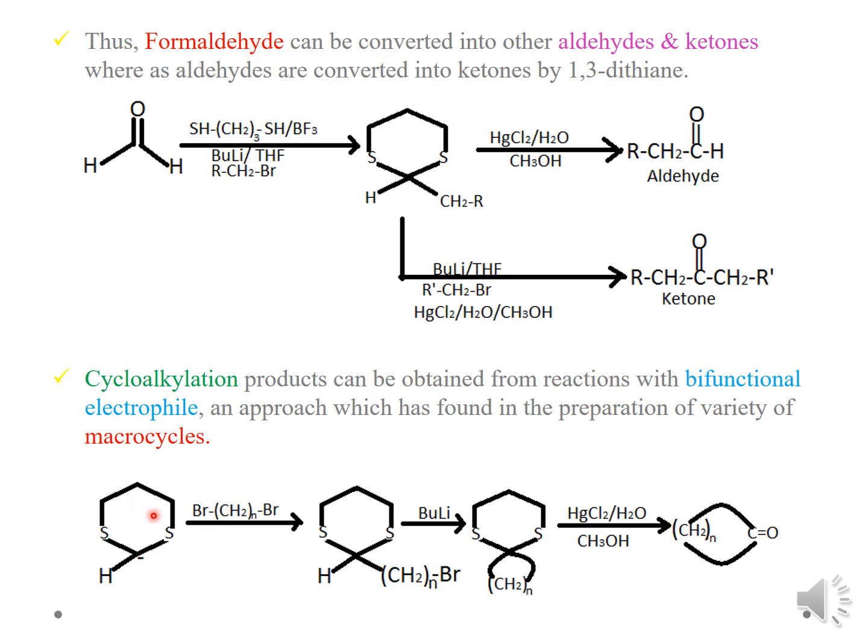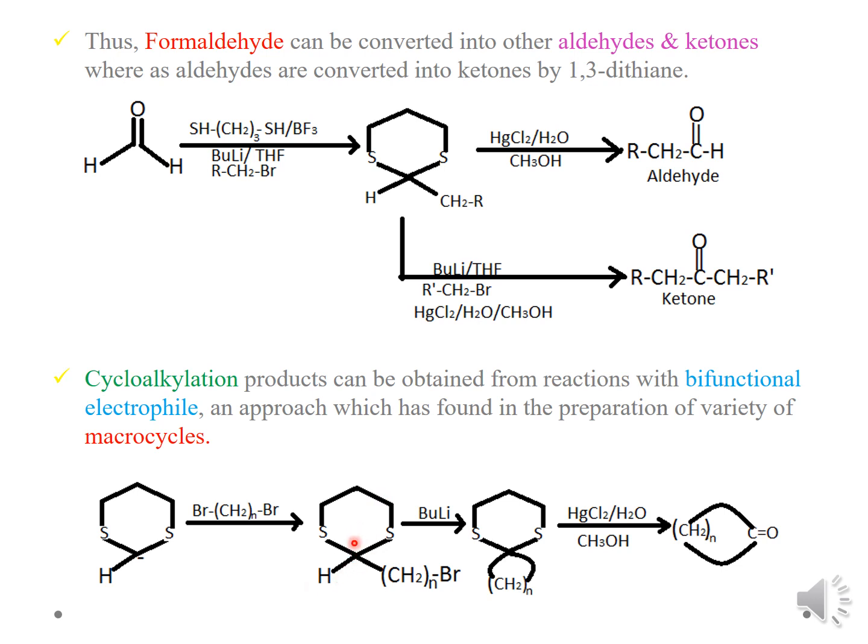So first you take the anion of 1,3-dithiane and treat it with a dibromoalkyl substituent. This negative charge goes and attacks the alkyl carbon atom with the cleavage of bromide, so one of the bromides gets cleaved out, giving this adduct.